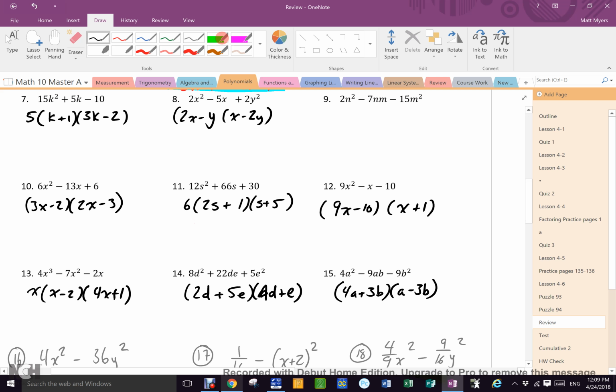Noticing, of course, here, 6, 66, and 30 all divide by 6. So I took out the 6. In this one, x, x, x, so I took out an x. In this one, e squared, so I need an e at the end. And in this one, b squared, so I need a b at the end.